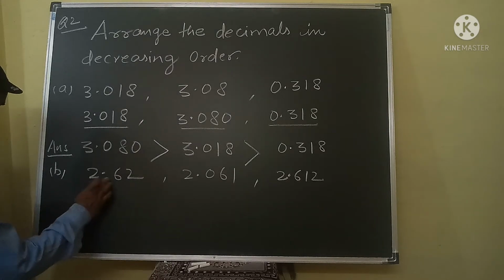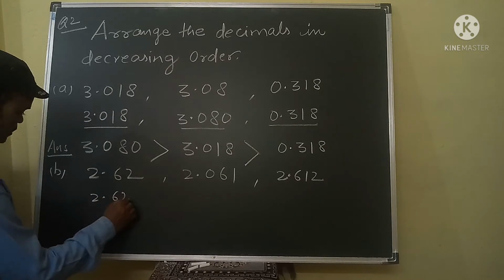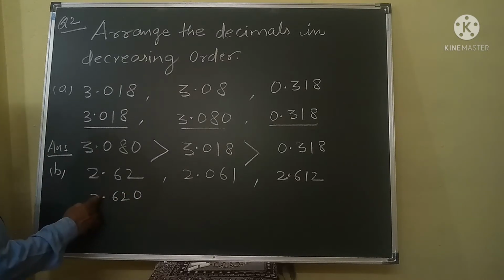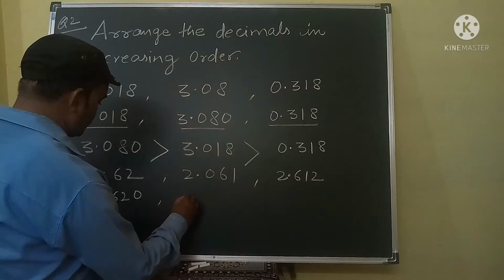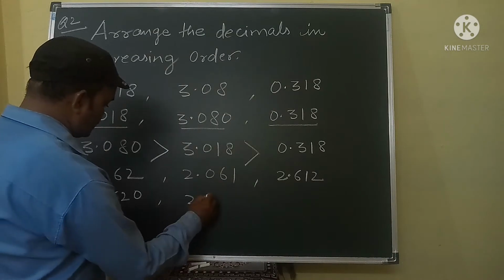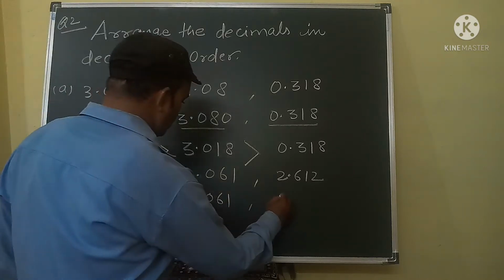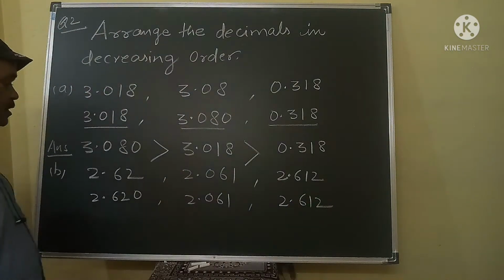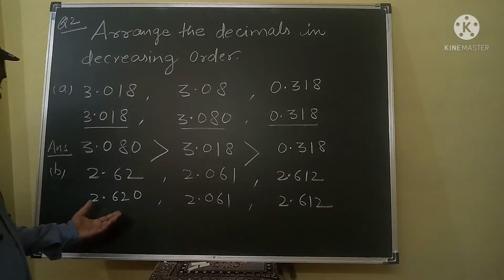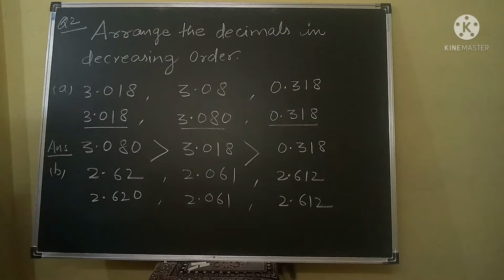How? This number we can write as 2.620. Then after that, as it is, 2.061, then after that 2.612. Okay.